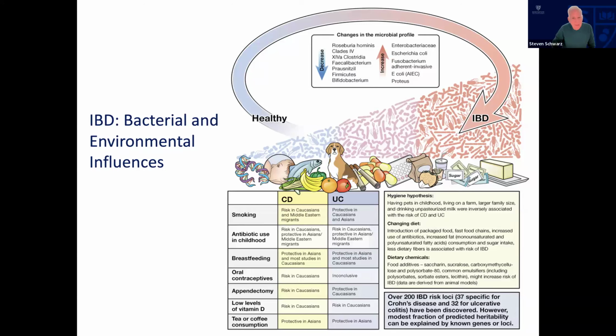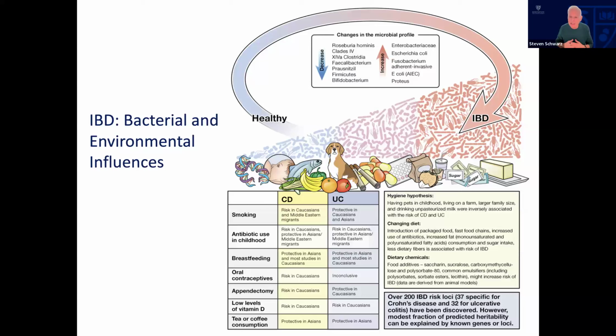But at the bottom, keep in mind that this is not the only influencing factor. Smoking, antibiotic use, breastfeeding, contraceptives, appendectomy, vitamin nutriture, the consumption of certain foods or beverages, all can have a differential effect on either being normal, developing Crohn's disease, or developing ulcerative colitis.